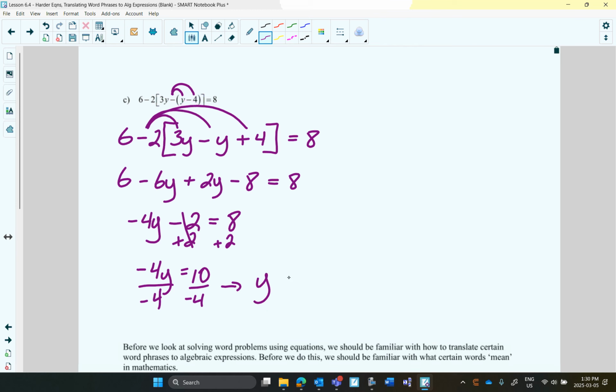So I get y equals 10 over -4. What do I do with that? Yeah, you can't divide it cleanly. What does it reduce to? -5 over 2. Perfect. Those are the only two I want to do right now.